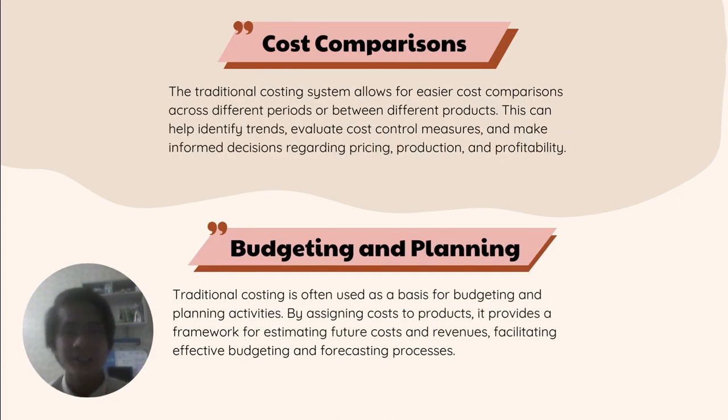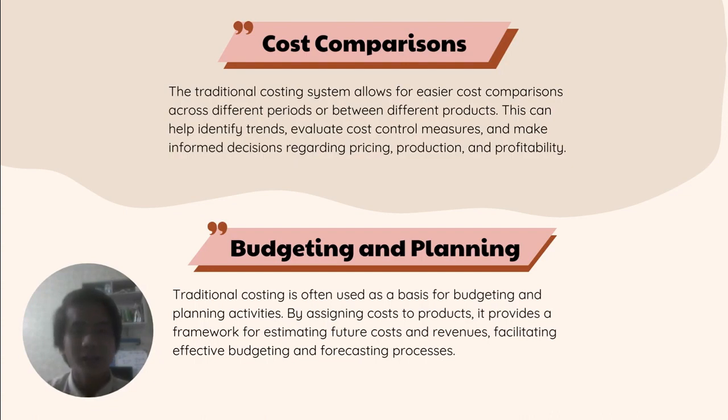Cost comparisons. The traditional costing system allows for easier cost comparisons across different periods or between different products. This can help identify trends, evaluate cost control, and make informed decisions regarding pricing, production, and profitability. Budgeting and planning.